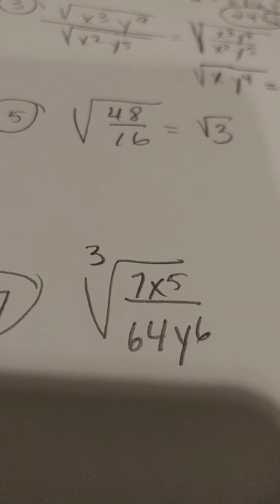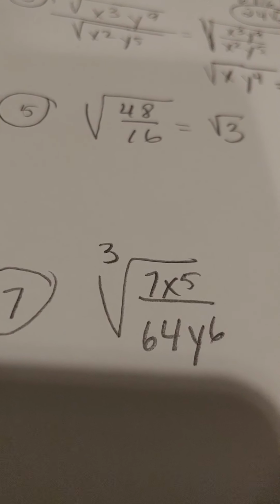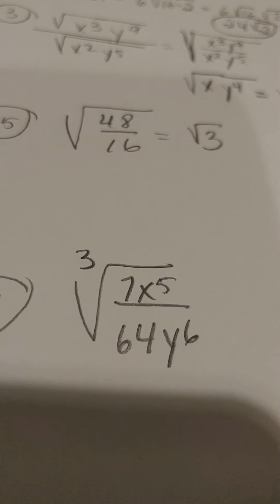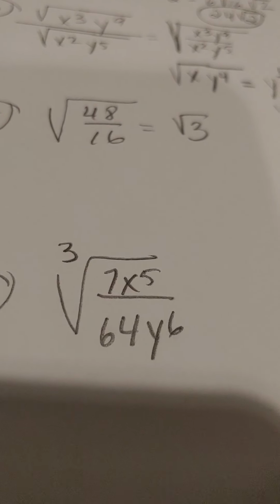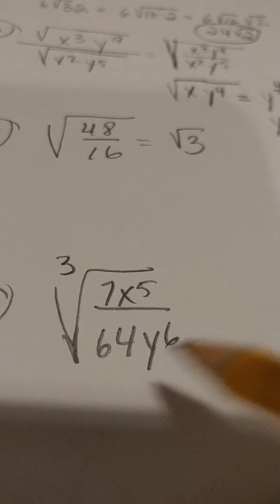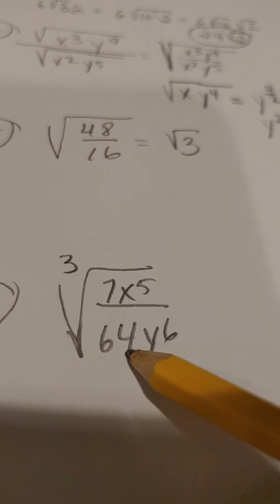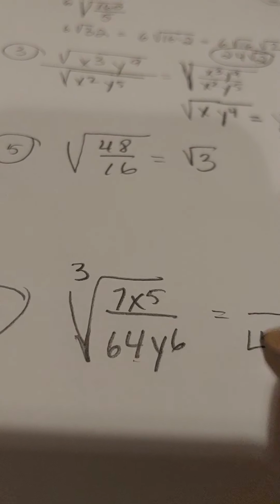Can I divide anything there? Not really. Well, I will have to simplify it then. Okay. Well, I can take a cube root of 64. Cube root of 64 is actually 4.